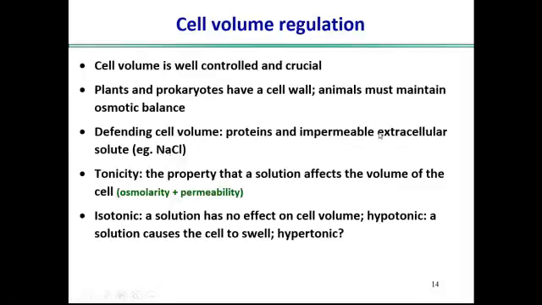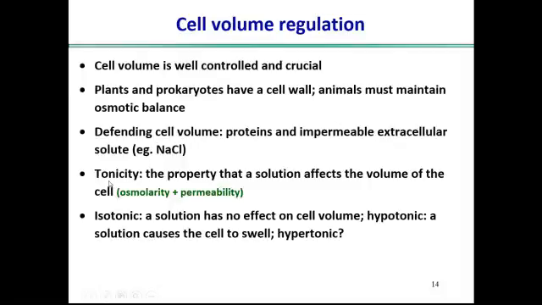They do not easily cross the membrane, so you have a balance. The membrane is semi-permeable, so it is not easy for the proteins to go out of the cell and not easy for the sodium chloride to come into the cell. In this case, the cell volume has a basis to regulate.